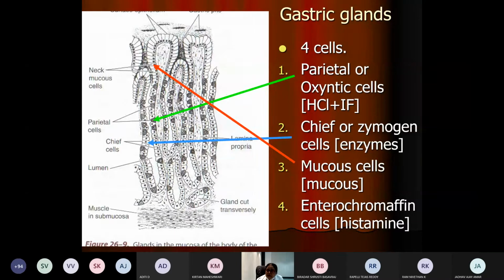Mucus cells, they secrete mucus. Enterochromaffin cells, histamine. It is shown in the diagram. Red color marking is mucous cells. Green color is showing parietal or oxyntic cells. Then blue color, chief cells or zymogen cells.